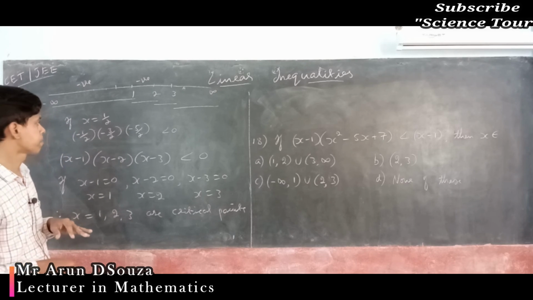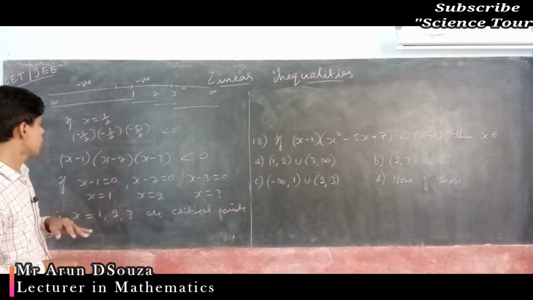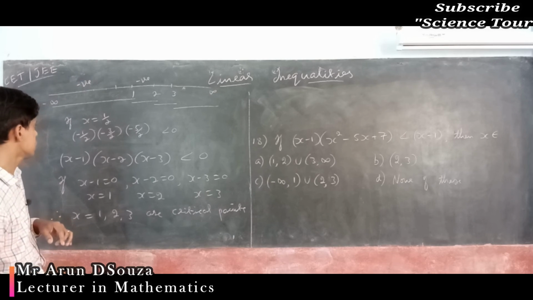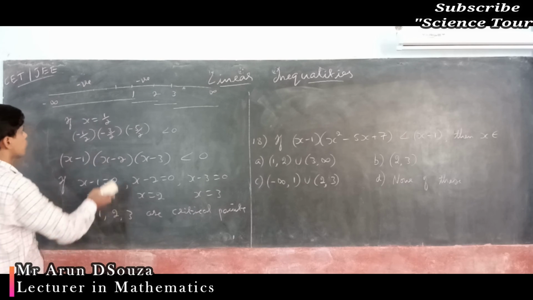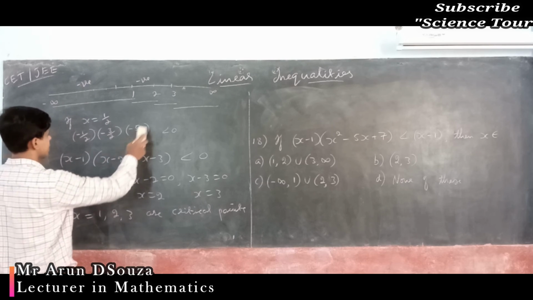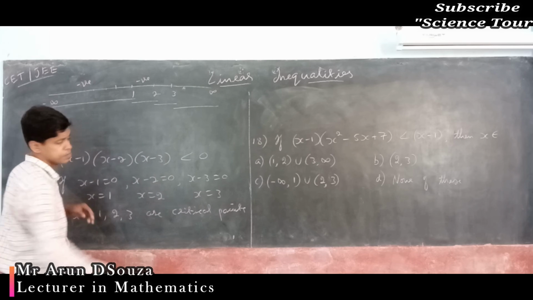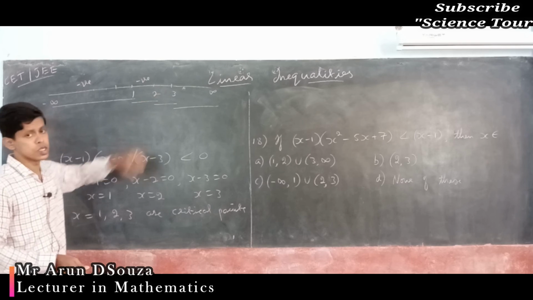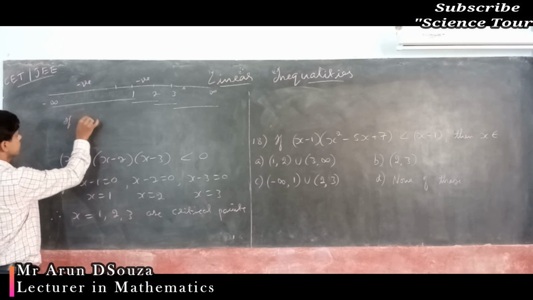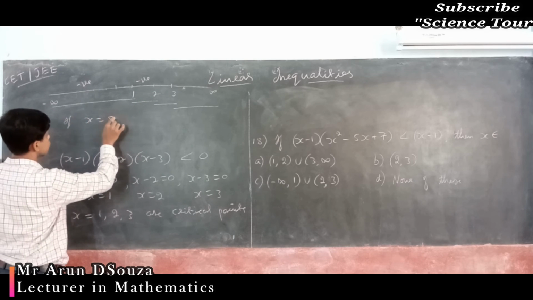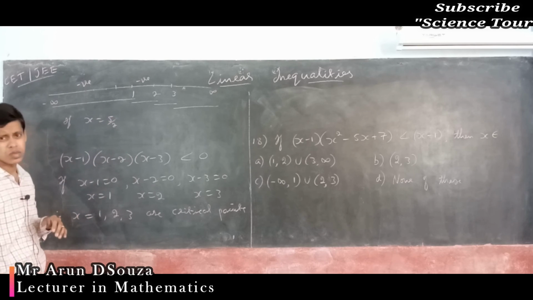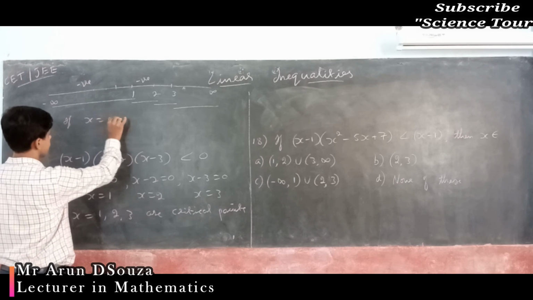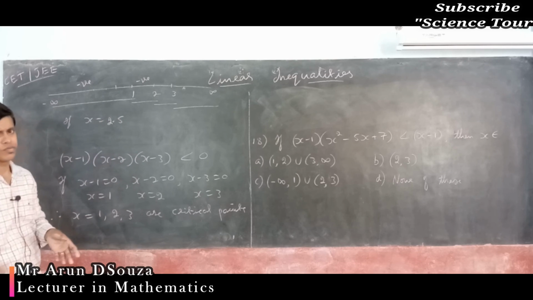And then what about 2 to 3? So in 2 to 3, you can take 2.5, correct? 2.5 is 5 by 2. So you can take 5 by 2 here, or whichever is better for you, it's the same.